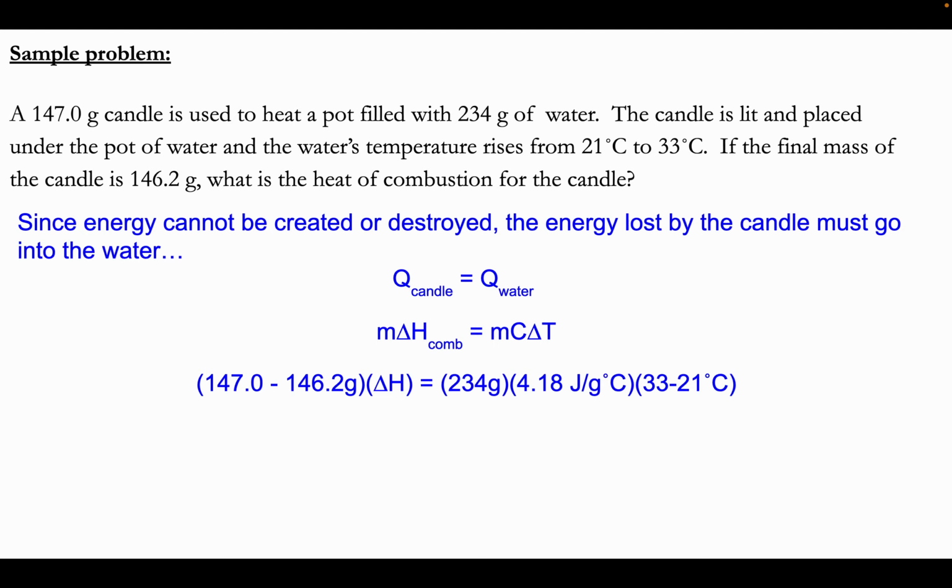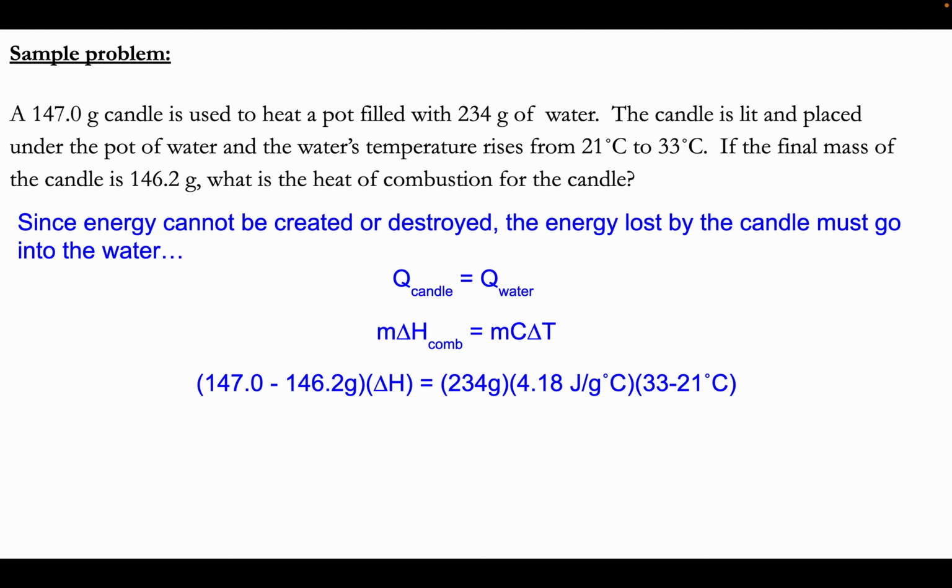So let's plug in our numbers. We didn't burn the entire candle, so it wasn't 147 grams of candle. The candle went from 147 down to 146.2, so we only burned a part of the candle, and we're looking for the delta H of that candle. For the water, we know that we have 234 grams of water. You know that the C for liquid water is 4.18, and if you don't know that, you can look it up in a table.